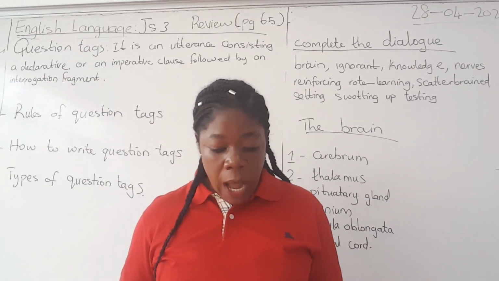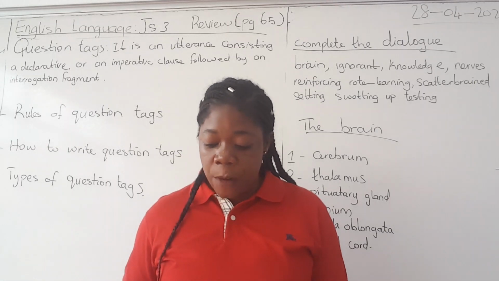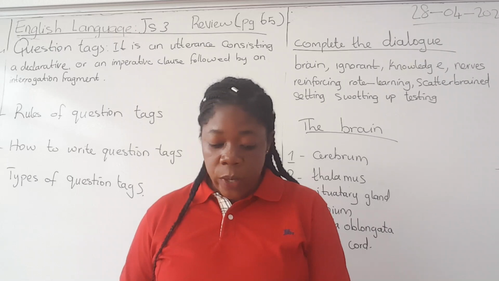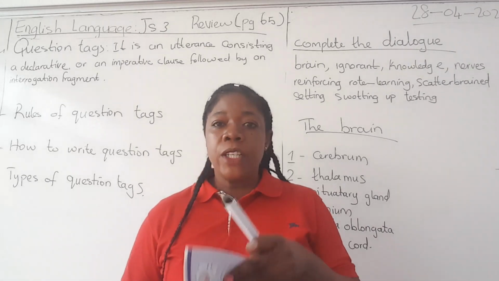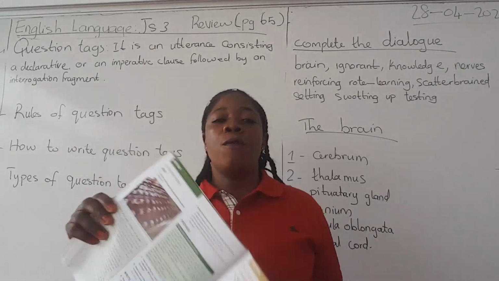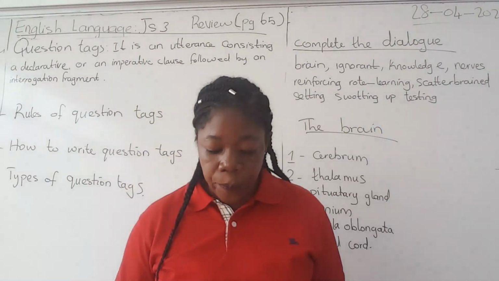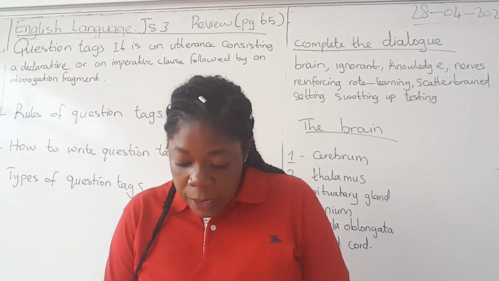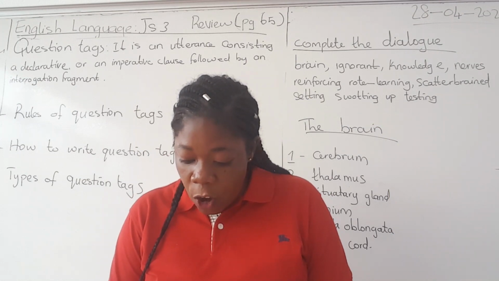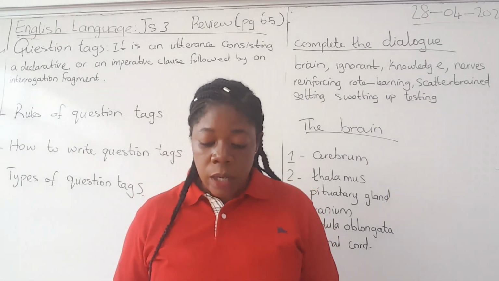So, today I would also like us to move to page 65 of our student's book, which is the review. Number 1 says, complete the dialogue with words from the box.